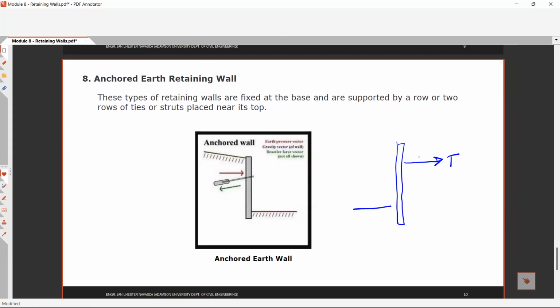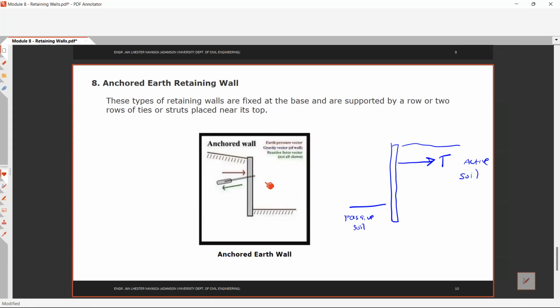Okay, if you recall this one, meron tayong soil dito. This is yung soil or active. This is yung passive soil. Ayan. So nag-solve na tayo dito sa anchored earth retaining walls.